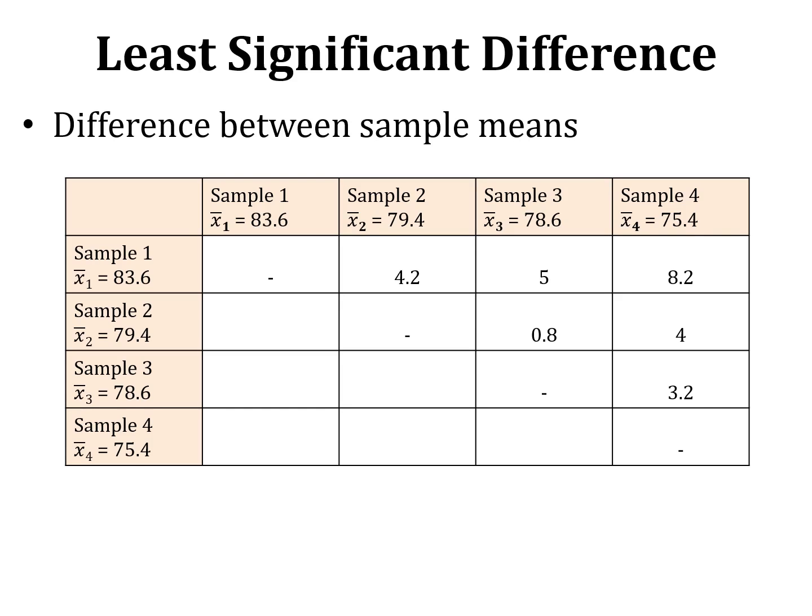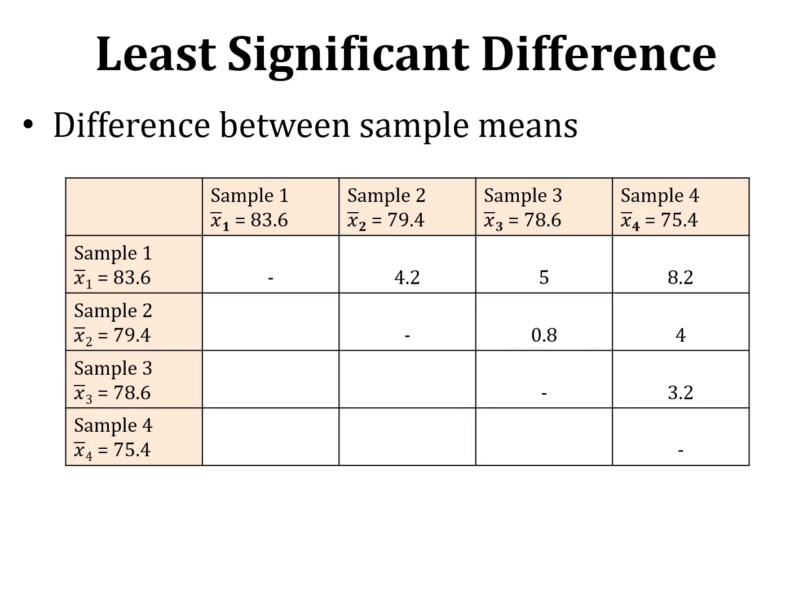And then we have the pair sample number 2 and sample number 3, and the difference of this mean pair is 0.8. And then we have sample 2 and sample 4, so 79.4 minus 75.4, and this is the difference between their mean values.